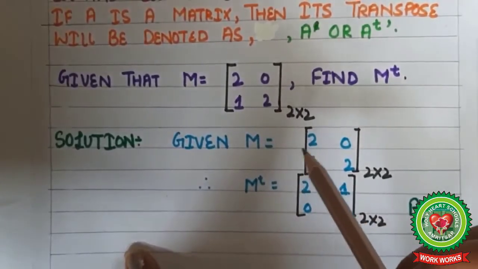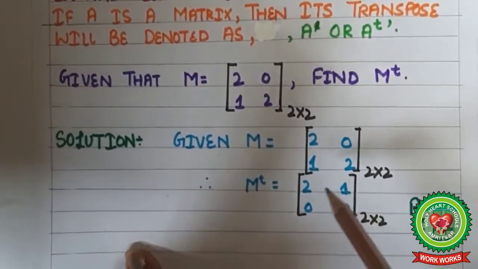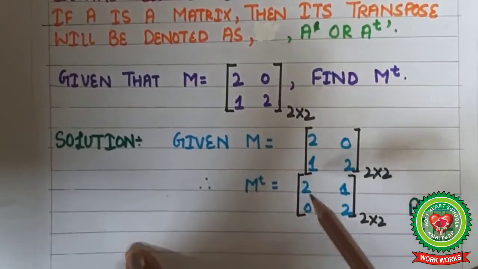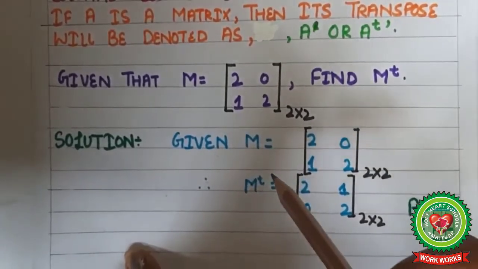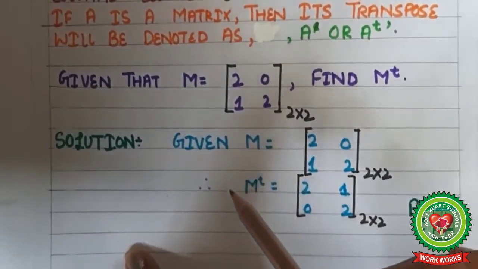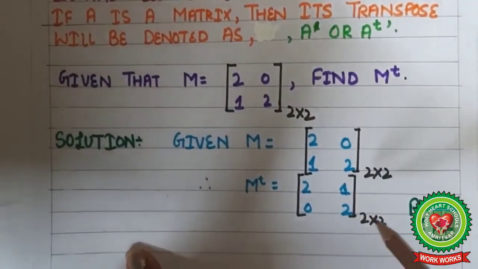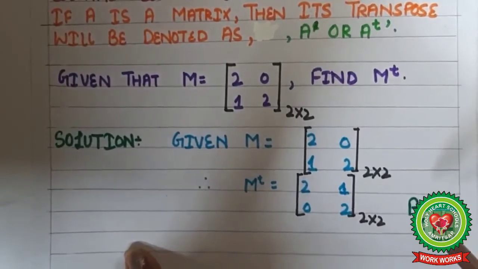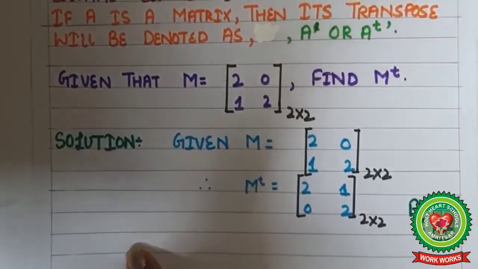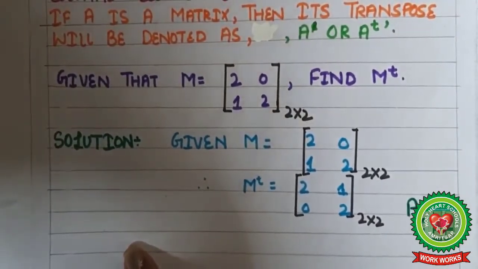Given matrix is M equals to 2 0 1 2. Now we will interchange rows and columns because we have to find transpose. So therefore M T equals to 2 0 1 2. This is the required answer. This was all about the concept of transpose of a matrix.